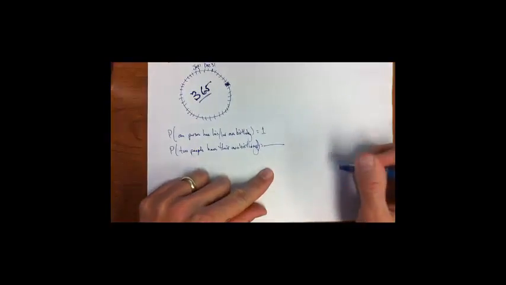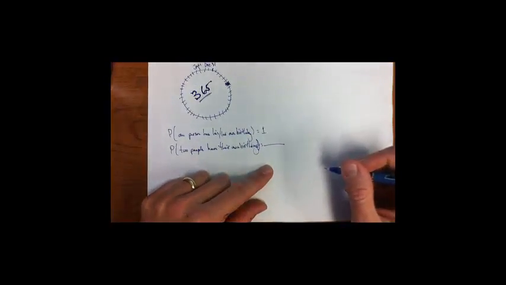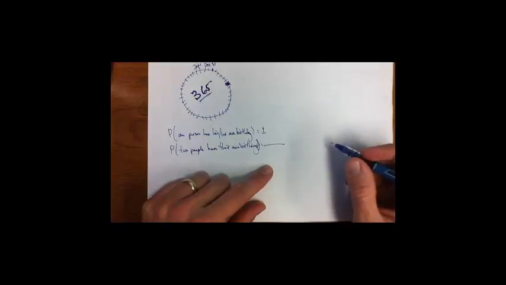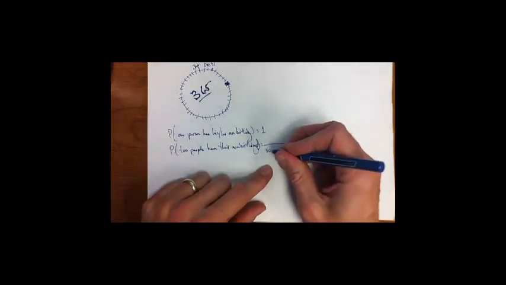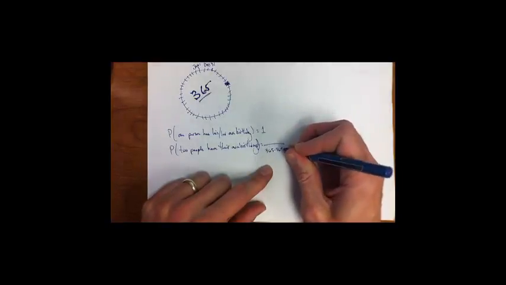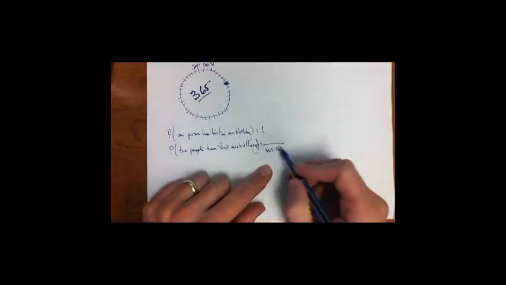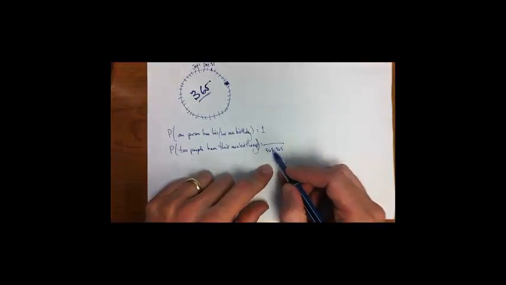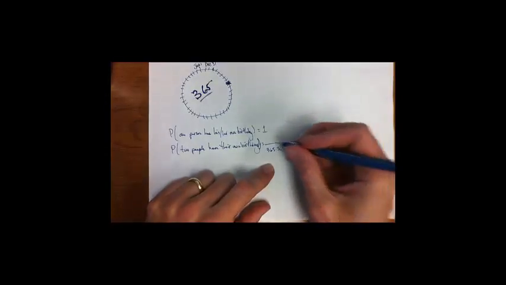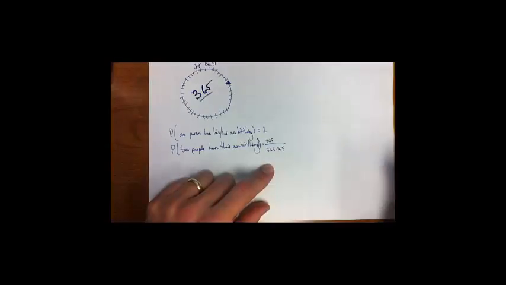Then, if I have two people, how many different ways can I assign them birthdays? 365 times 365, right? But now if I want to count the number of ways that I can assign them distinct birthdays, well, the first one I can drop down in any one of 365 places.